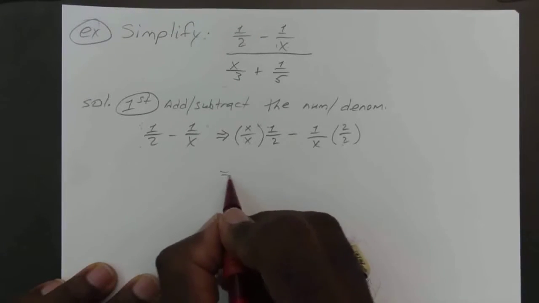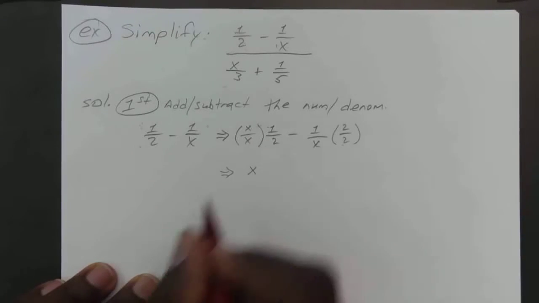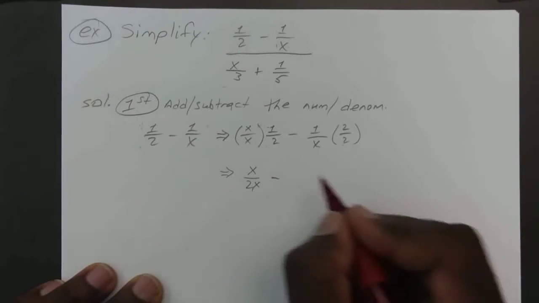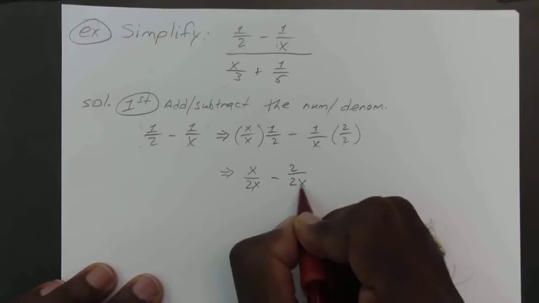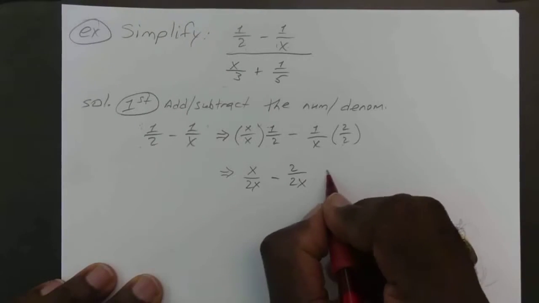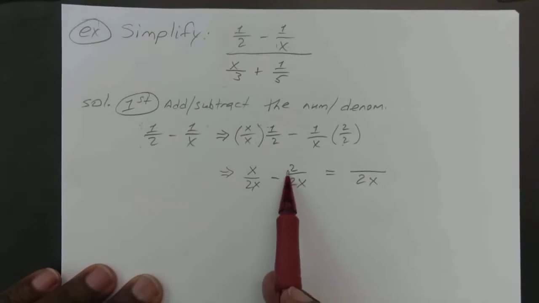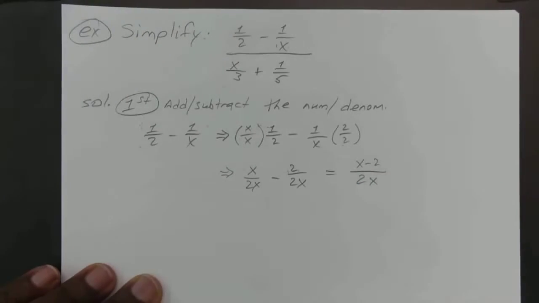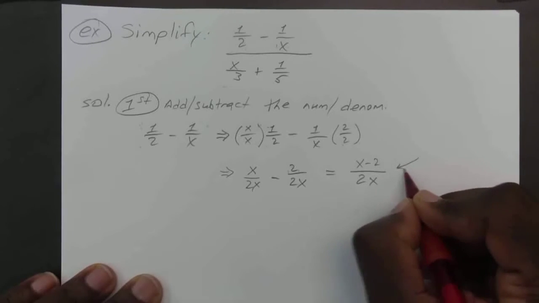Okay, so that means if you multiply these numerators, 1 times x is just x over 2x, minus 2 times 1 is 2 over 2x. So if your denominators match, then your answer is going to be something over 2x. And here you just subtract your numerators. So you have x minus 2. Okay, so now we turn that into this single fraction.